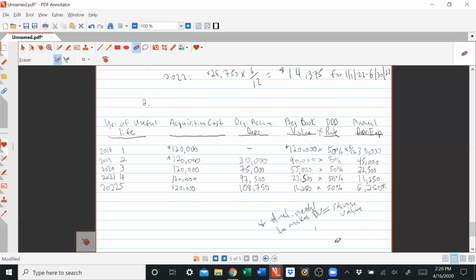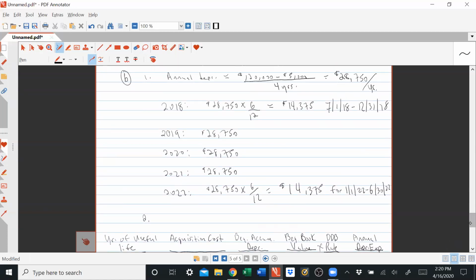So hopefully that makes sense. So these are the numbers under the DDB method. This much for 2018, this much for 2019, this much for 2020, this much for 2021, and this much for 2022.